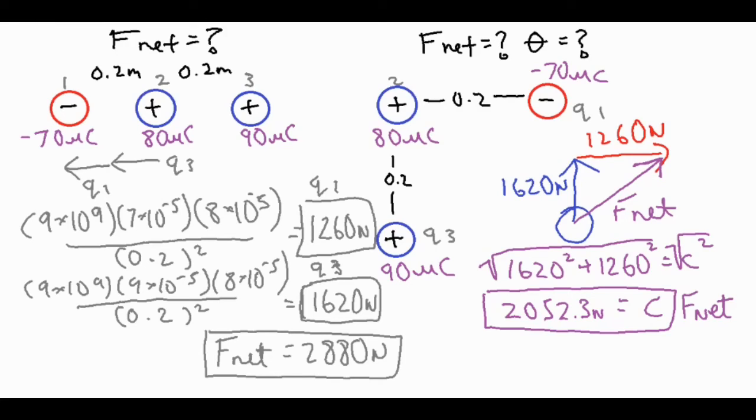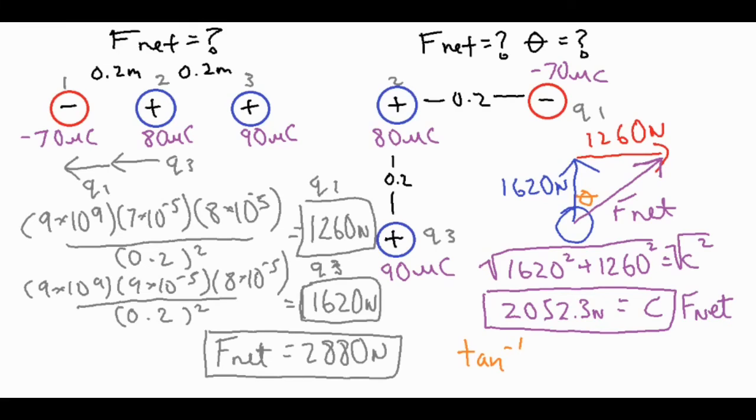All right, so my final answer came out to 2,052.3 newtons equals C, because it's a squared plus b squared equals c squared. My C, though, is my F net, so that is my final answer for my net force. In addition to that, I'm also going to find this angle over here so that we have a magnitude and a direction. We're going to use the inverse of tangent.